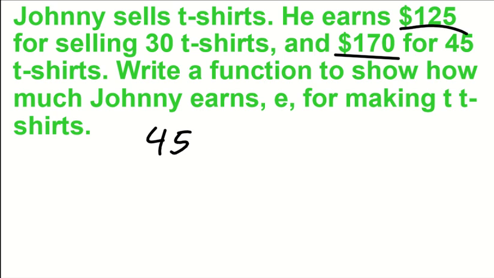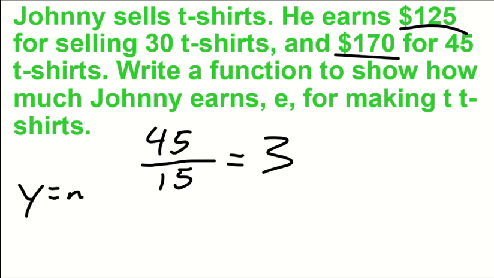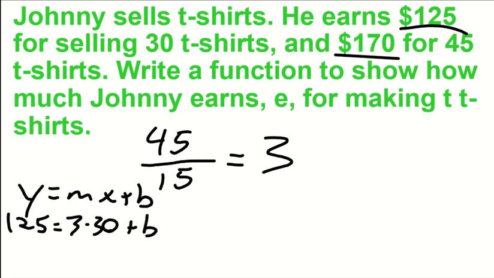So from 30 to 45 is 15. That means our slope would be 3. And then we do our y equals mx plus b, and we plug in. We'll use that first one: 125 equals 30 times 3 plus our b. 30 times 3 is 90.